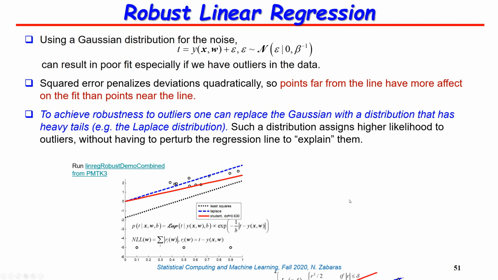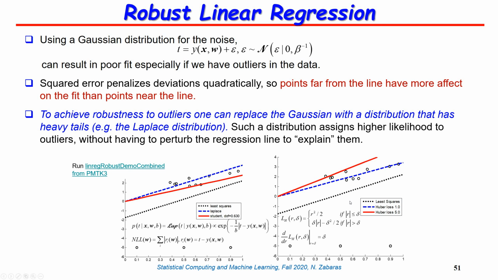Now there is another way to approach this type of problem, because if you think about using the Laplace distribution and trying to do maximum likelihood estimation, the trouble you're going to have is that this absolute value function is not differentiable, right?